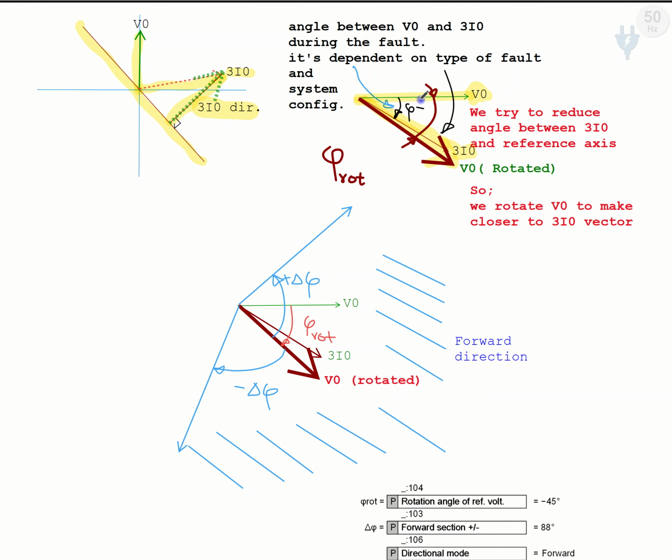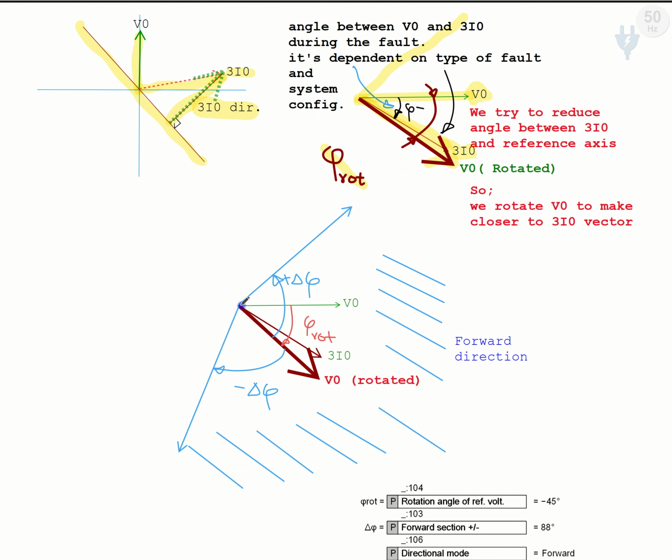The angle between the first V0 and 3I0 was minus phi, minus according to our system. We have drawn it as a minus, but we can draw it as a plus phi. And the angle that we rotated, the tilted angle of V0, we call phi rotated.